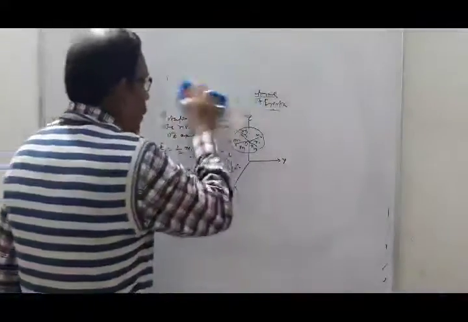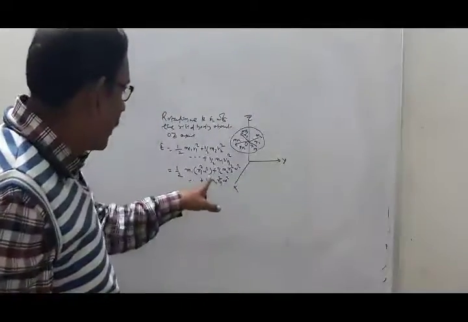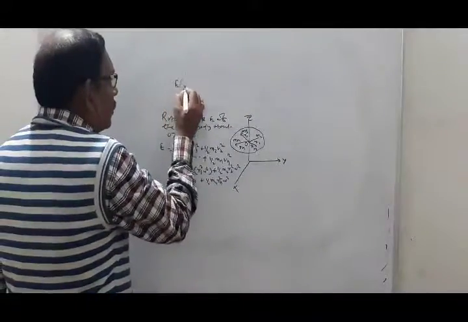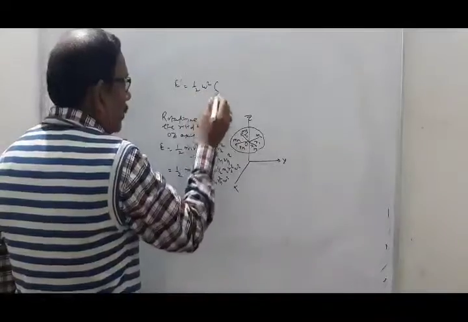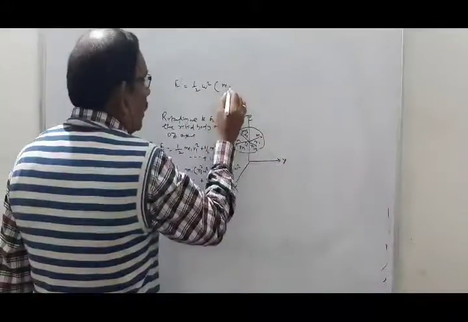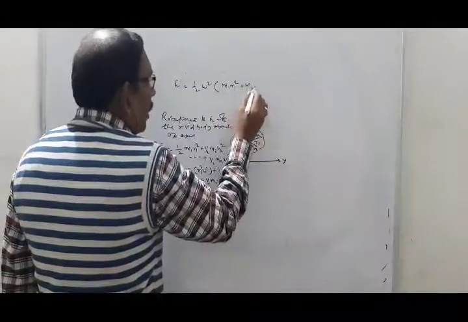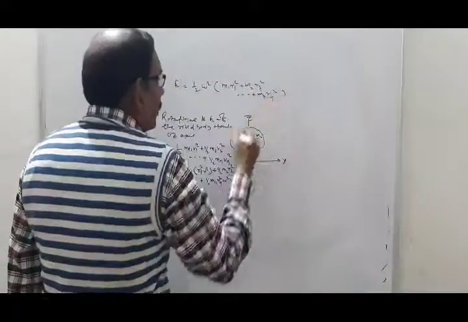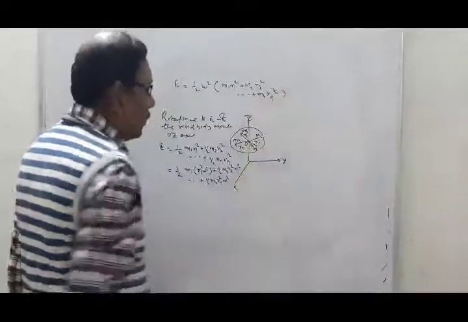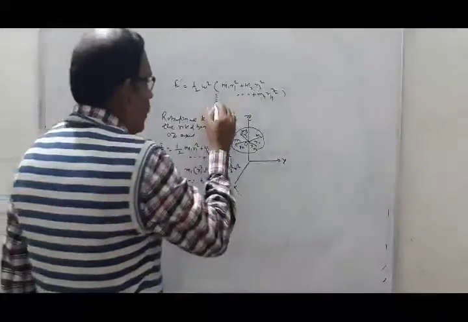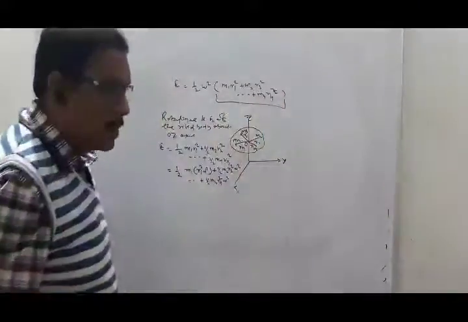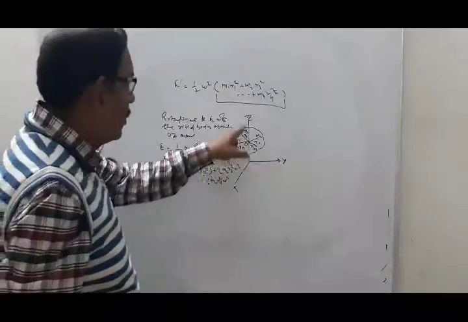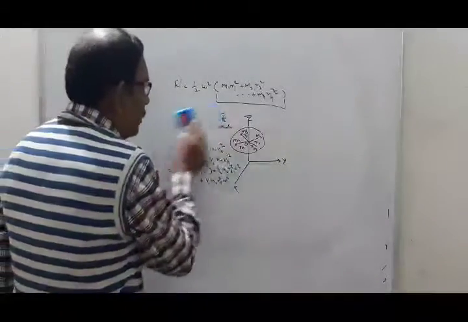The common factor is half omega square, so E is equal to half omega square times m1 r1 square plus m2 r2 square up to mn rn square. This value gives the moment of inertia of the rigid body about the axis OZ. Clear?